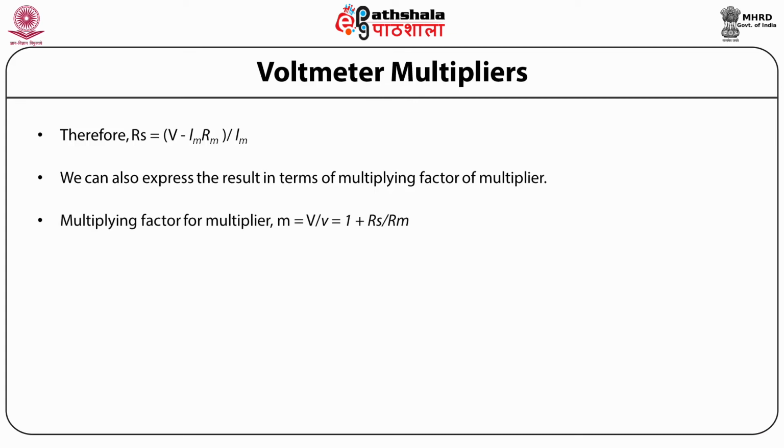Multiplying factor M is equal to capital V by small v, which is equal to 1 plus Rs by Rm. Thus, the resistance of the multiplier, Rs, is equal to (M minus 1) multiplied by Rm.